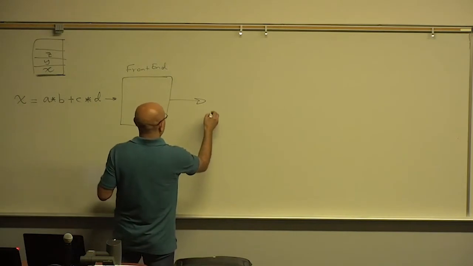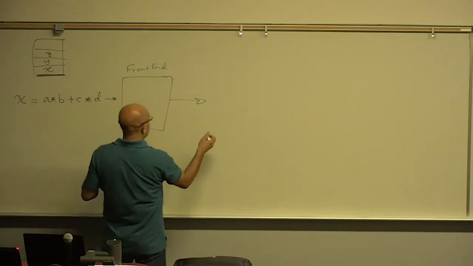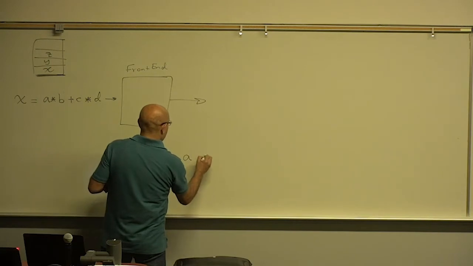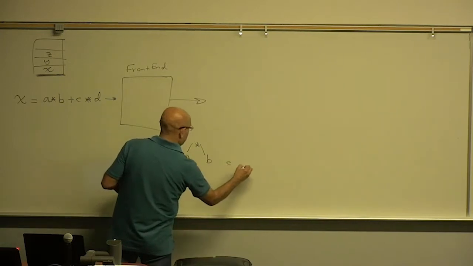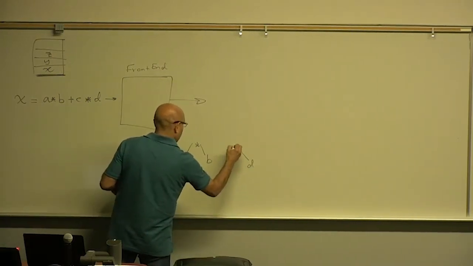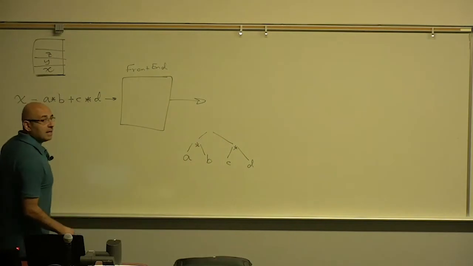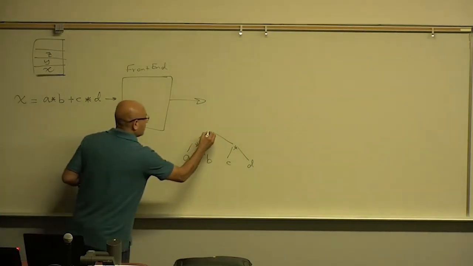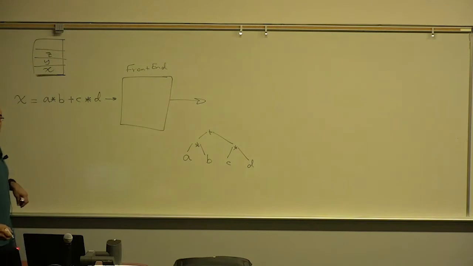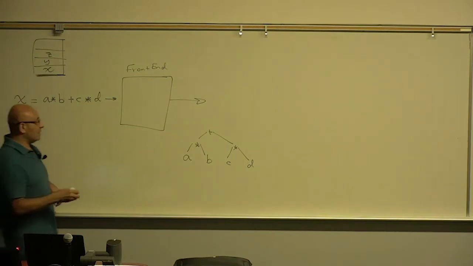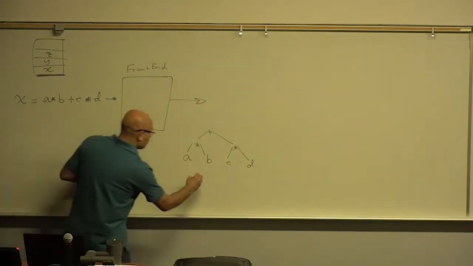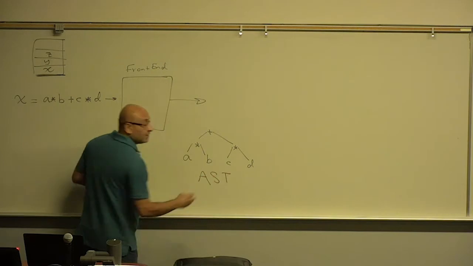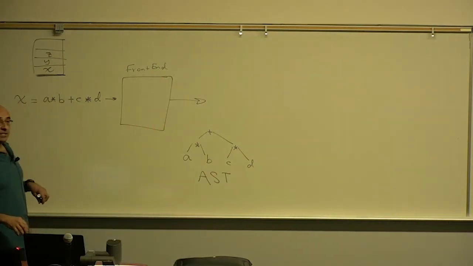For this expression, we have the a and the b, and we multiply them. Then we multiply the c and the d. And then the results of the two multiplications are going to get added. And then you assign the result of this addition to x. So this is the abstract syntax tree. It's an intermediate representation of the code.